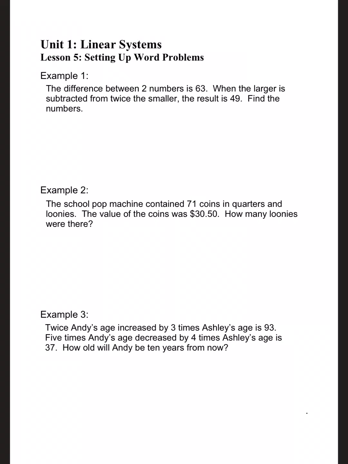So it says the difference between two numbers is 63. So when the larger is subtracted from twice the smaller. It looks like in this case we have two things that are unknown. We have a larger number and we have a smaller number. So we are going to write a sentence just to communicate that we need variables to represent that.